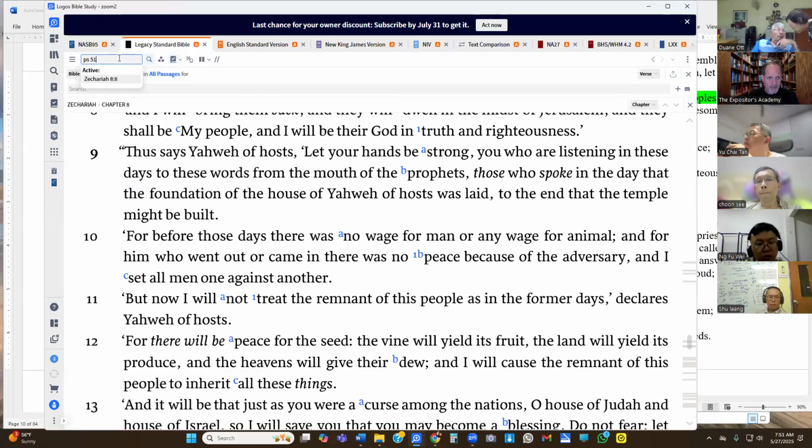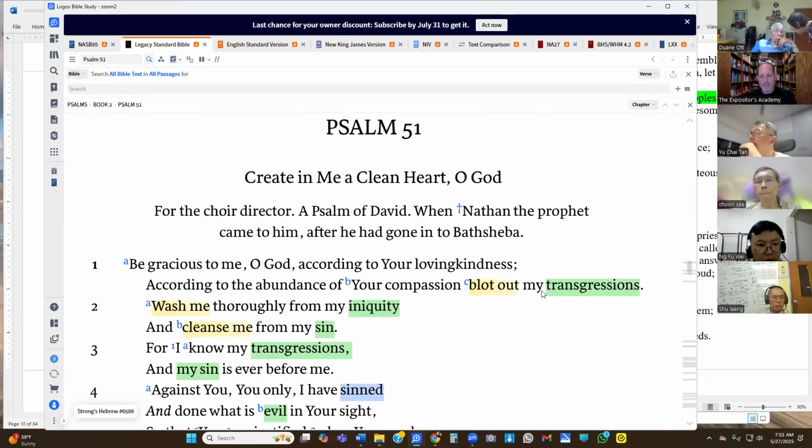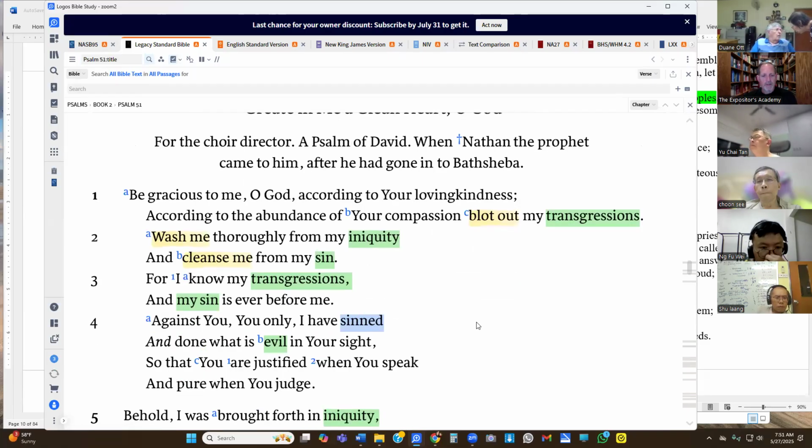Psalm 51, another example where the pronouns there are first person and second person. It's a prayer of David to the Lord regarding his sin. And it's important, if you look at the Psalm, and we did this quite a while back, there's a particular principle here that's important to see.